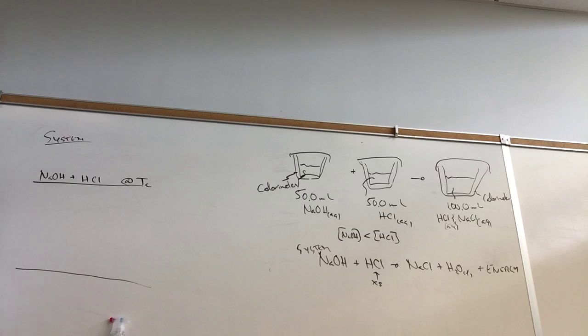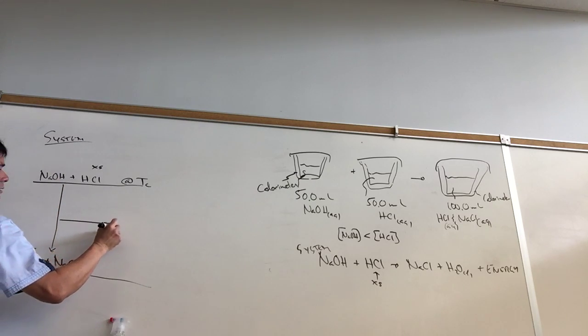T cold, room temperature. And then it's going to end up as, you know, there's some excess HCl that's unreacted. Not much, a little bit of HCl plus sodium chloride. That's it. So some energy is released as heat.